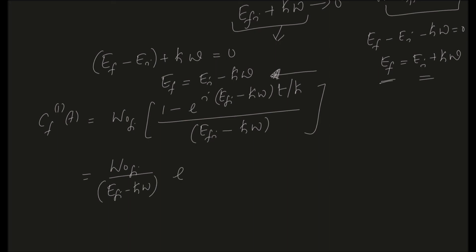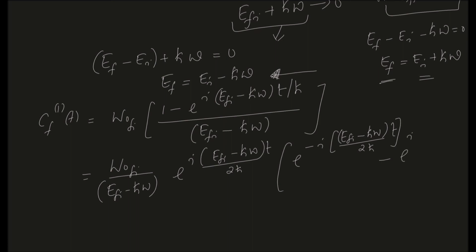Then if you take e raised to i (E_fi minus h cross omega) t divided by 2 h cross, the remaining terms can be written as e raised to minus i (E_fi minus h cross omega) t by 2 h cross minus e raised to i (E_fi minus h cross omega) t divided by 2 h cross.